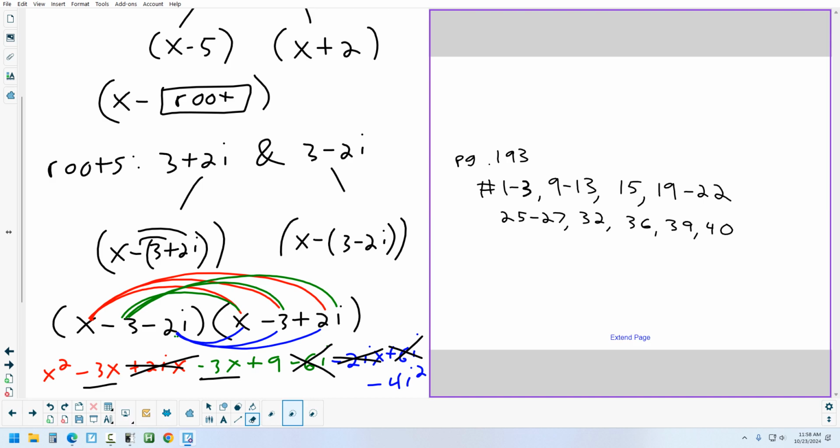Let's see, we're going to skip 32. 36 is like the one that I just did, but I'm going to change it to 35. So that's like the one we just did in class. And then 39 and 40 are yes or no questions.